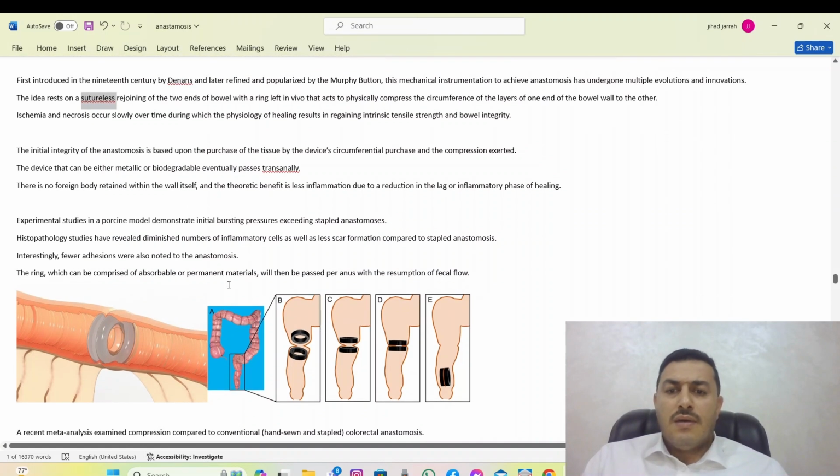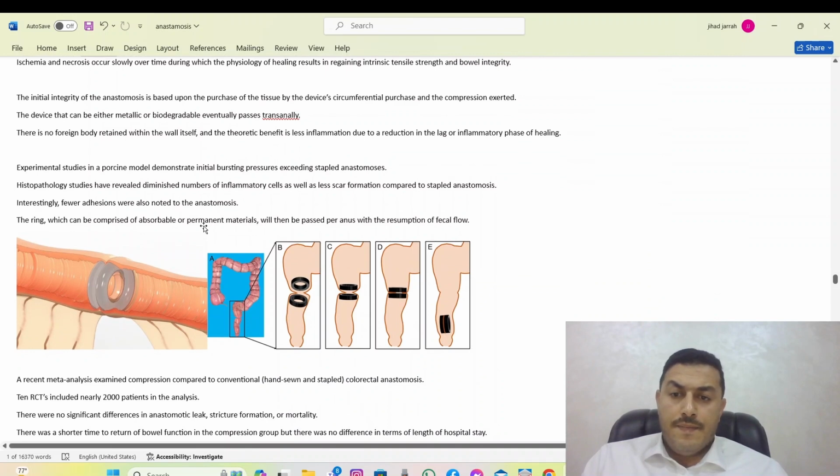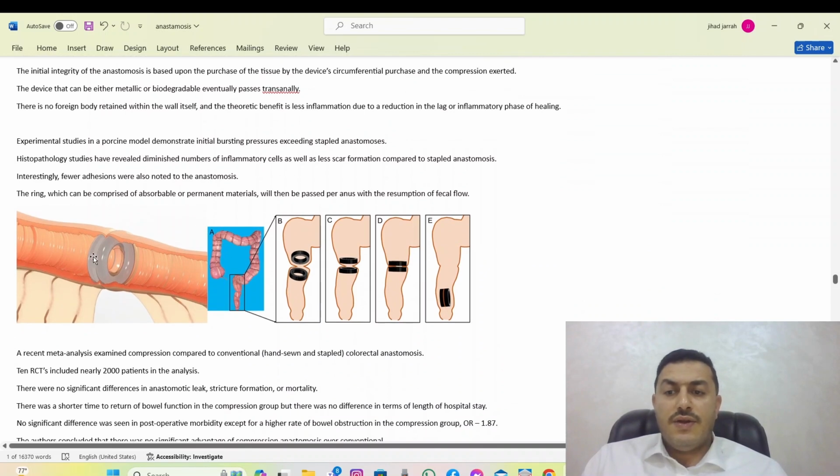It's not widely used, especially in Europe and America, but you can see this ring could be metallic or biodegradable, so absorbable. The tissue eventually sits between the two rings, ischemia and necrosis will happen, and it will fall off if it is non-absorbable, which we are talking about.